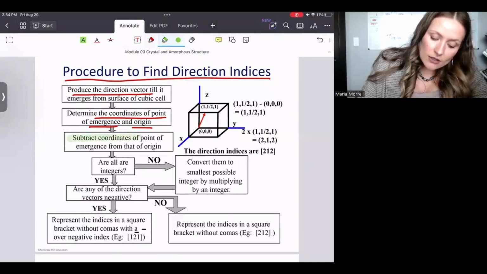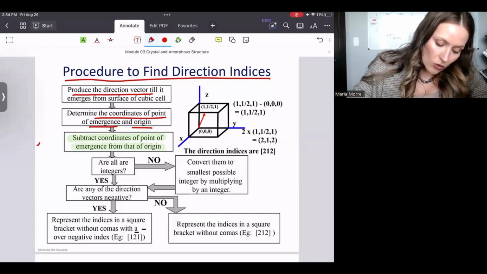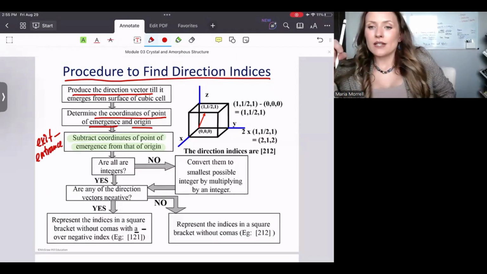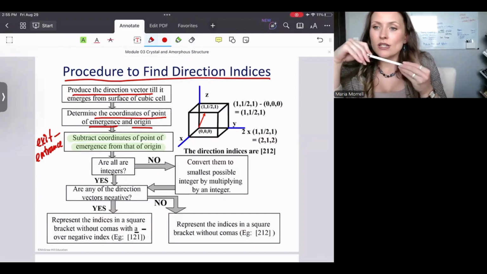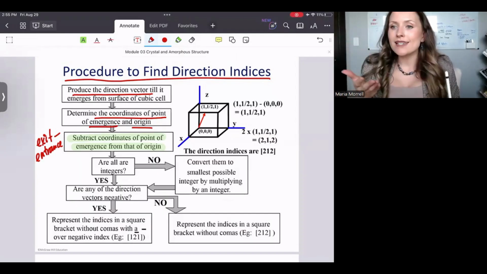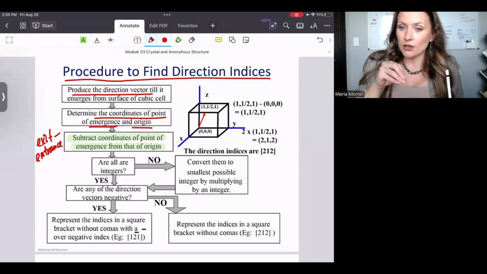You need to subtract the origin from the emergence, or it's always exit minus entrance. And in all of the previous examples, everything was very easy because the entrance was always the origin. It was a 0. So the coordinates of the emergence were the answer because it always started in the origin.